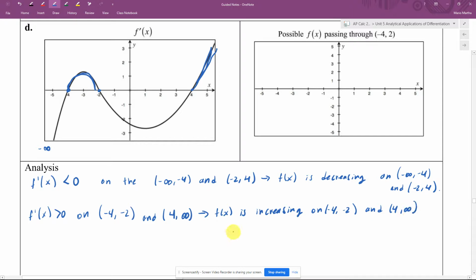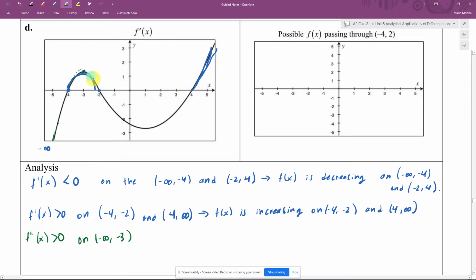All right, now let's look at f double prime of x. So what is happening at f double prime of x? Change color. So f double prime of x is positive. So we're going to see where it's positive now. If you notice, it's positive here. It's increasing. So now we're analyzing f prime of x. And then it changes at negative 3. So it's positive on negative infinity to negative 3.